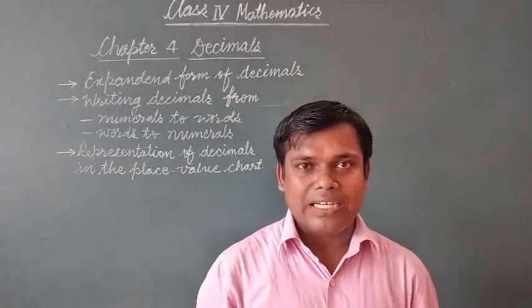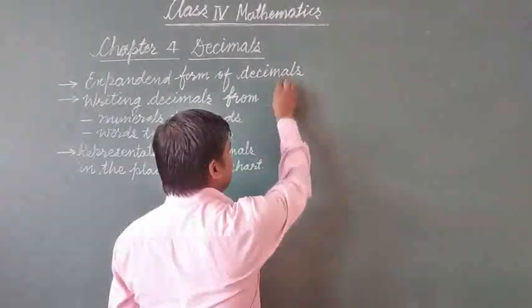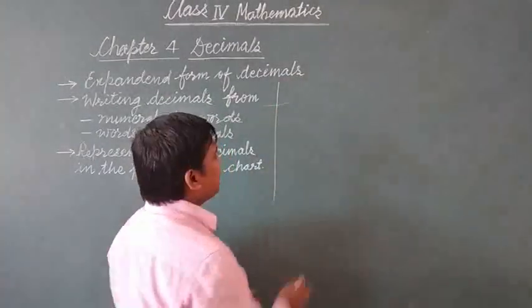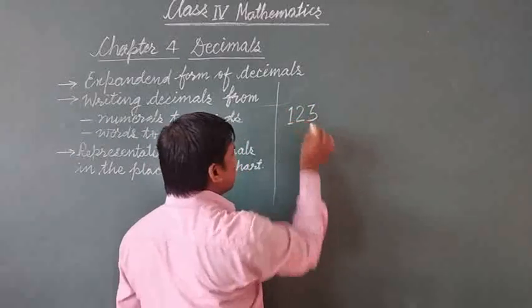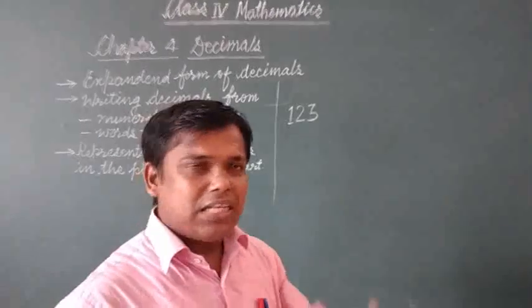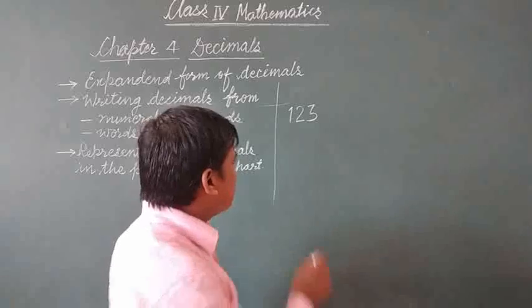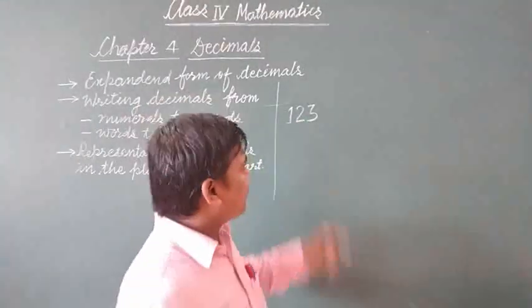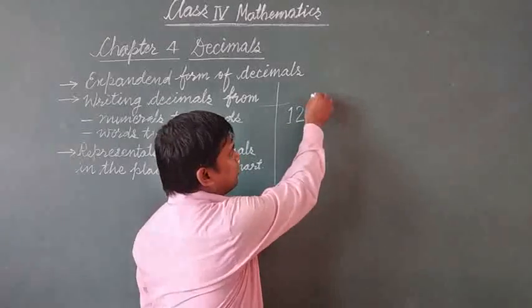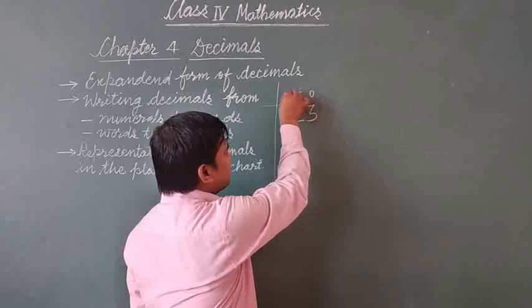Now once more I will tell you. For example, you have a whole number 123. Suppose you have to write the expanded form of this number. According to the place value of the digits, you simply write the place values with the plus sign. Here we start with ones, tens and hundreds.